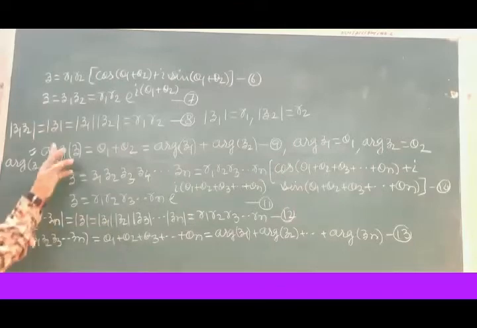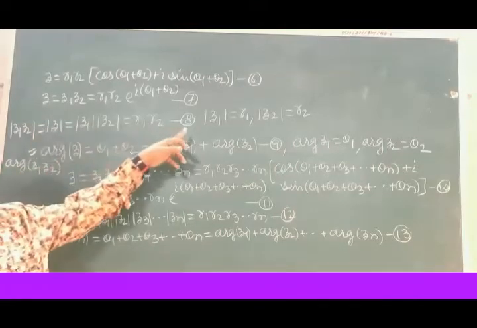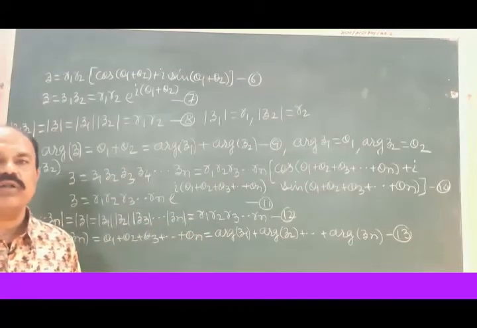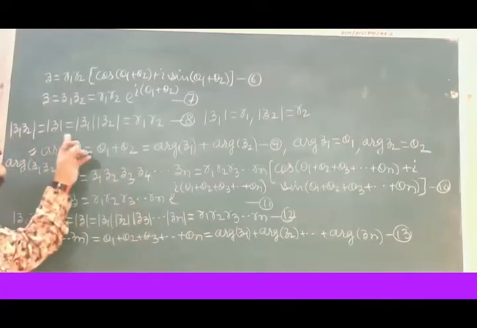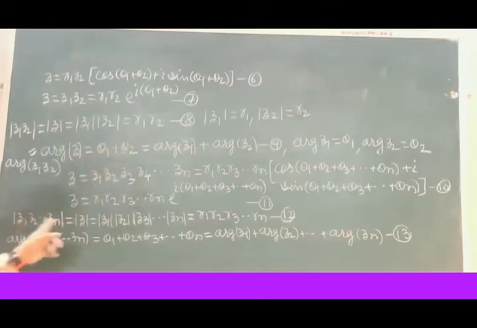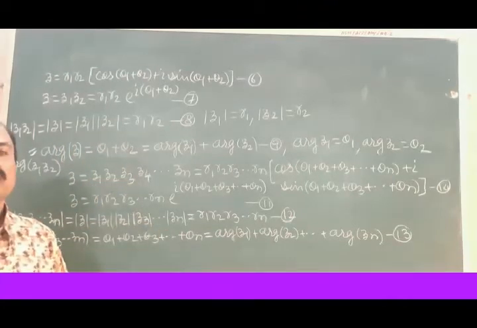That is, the statement made for equation 8 is for product of two complex numbers, modulus of product of two complex numbers. This same statement is generalized for modulus of product of n complex numbers.